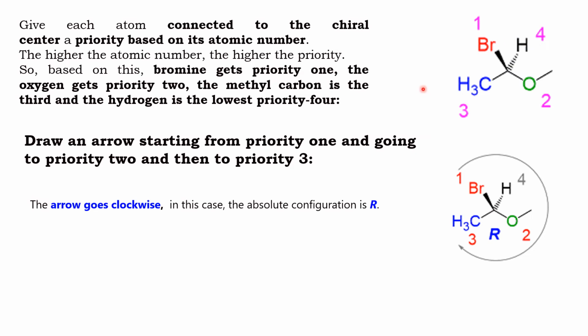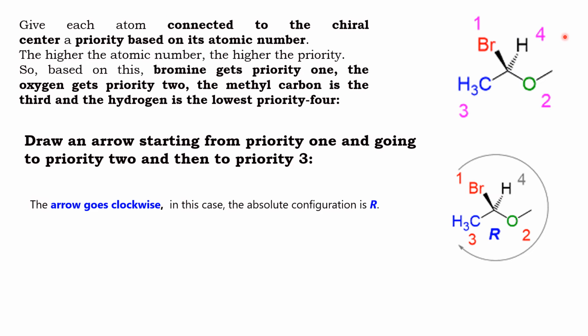So this is the three-dimensional picture of that particular molecule. See here. I assign the priority. Bromine with highest atomic number, maximum priority. Hydrogen with minimum atomic number, fourth priority.